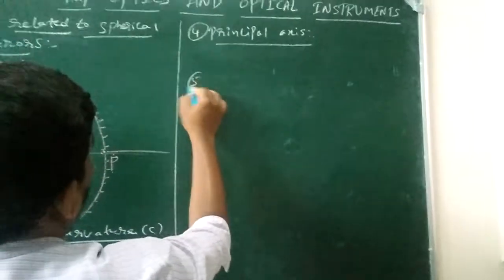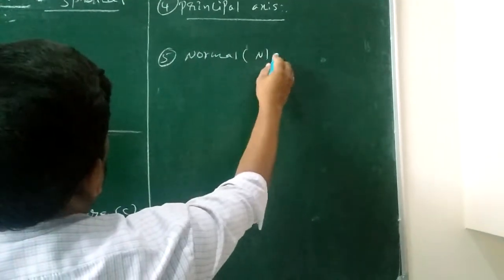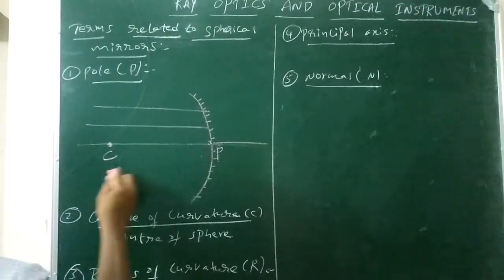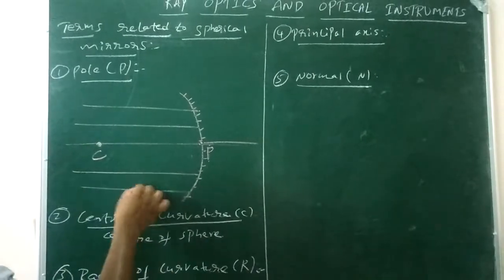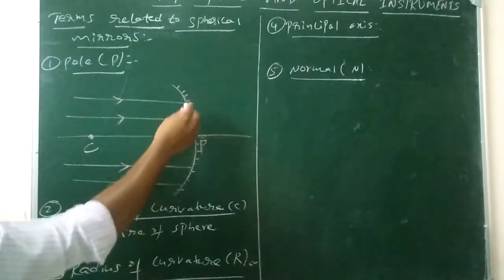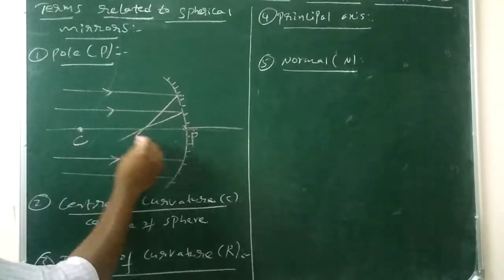And the next one is normal. Whenever the rays which are parallel to the principal axis are incident on the concave surface, they are going to reflect.